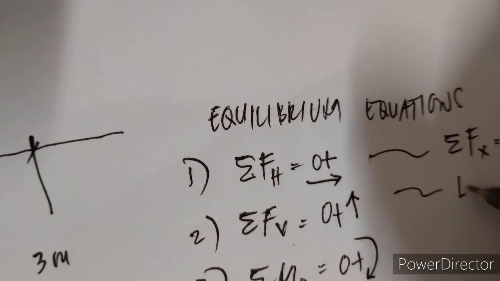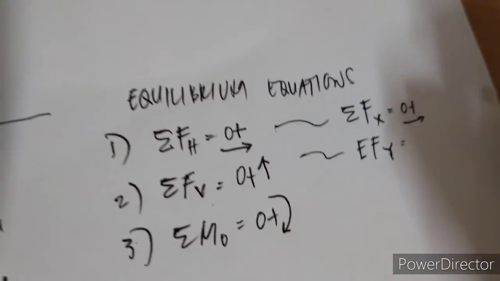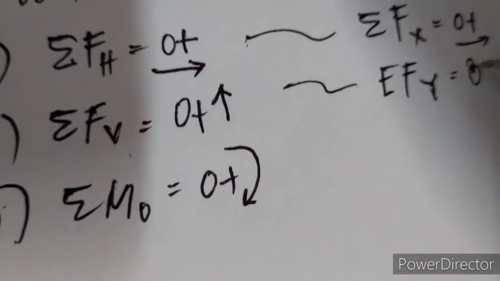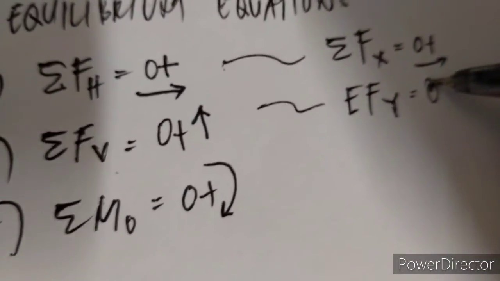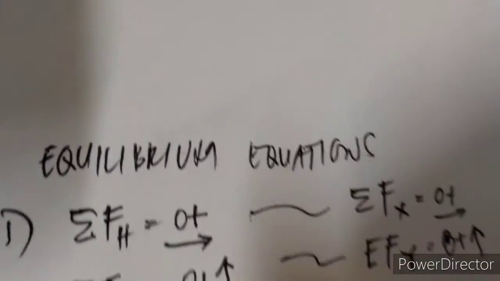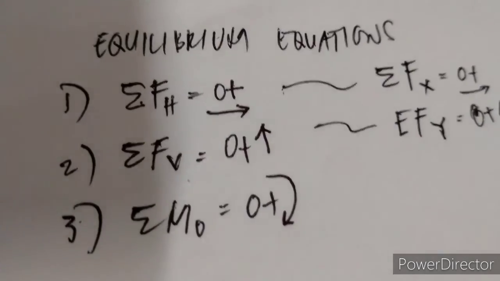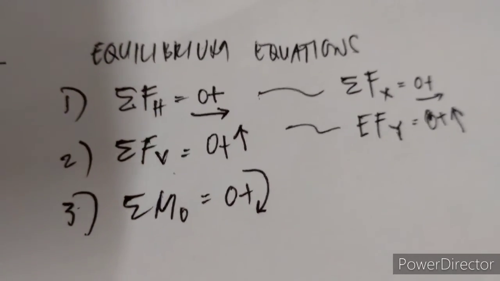We have also summation forces y for the vertical component is equal to 0, positive going up, and this will remain. Summation moments at a certain point will still be equal to 0, positive clockwise moments.